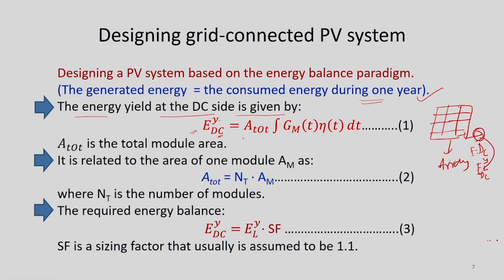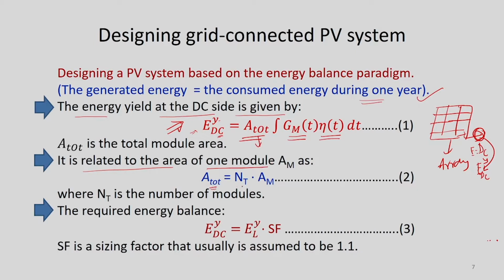Okay. This is something like A total, the total area of the modules, integration of G M E, the intensity of solar radiation, and eta is the conversion efficiency, right. So, this will give the yearly energy yield on the DC side. So, this A total is related to the area of one module, right.